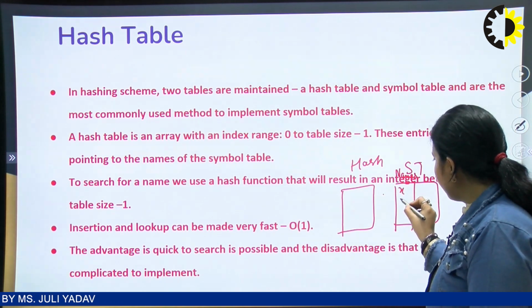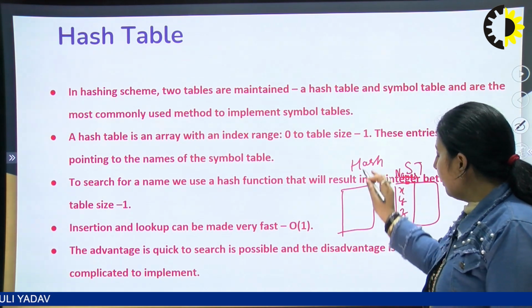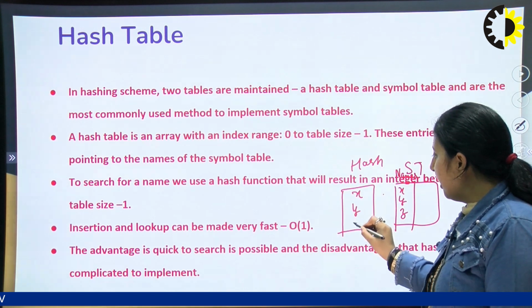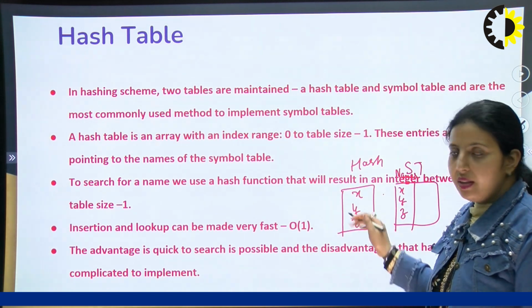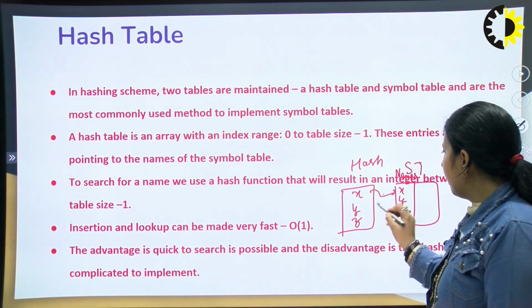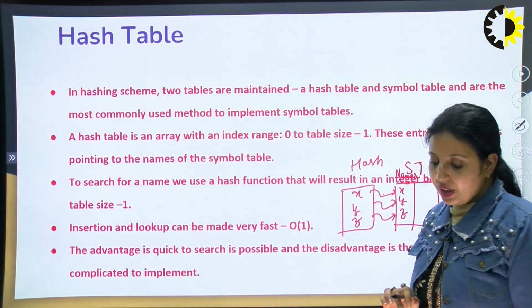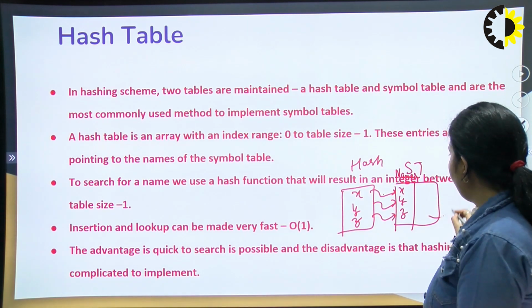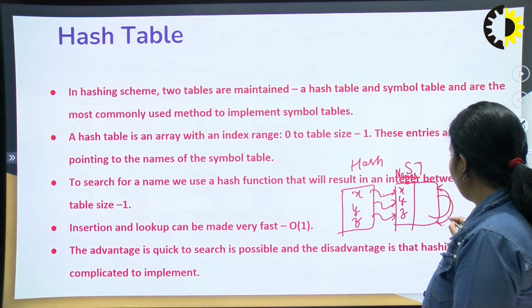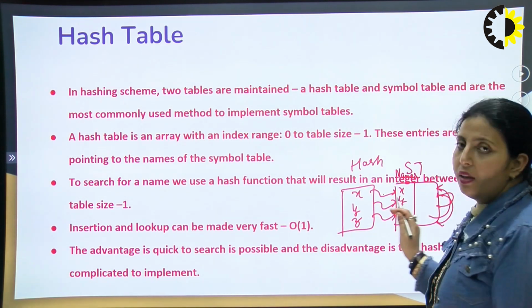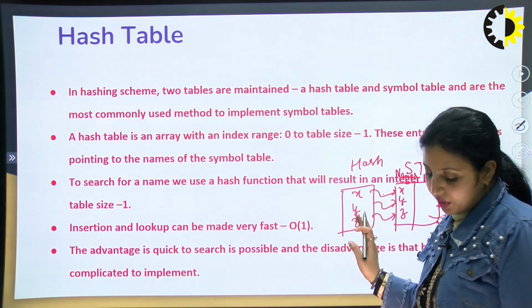If the names are x, y, z, then x, y and z are present in the hash table, and there is a link that points to the symbol table.